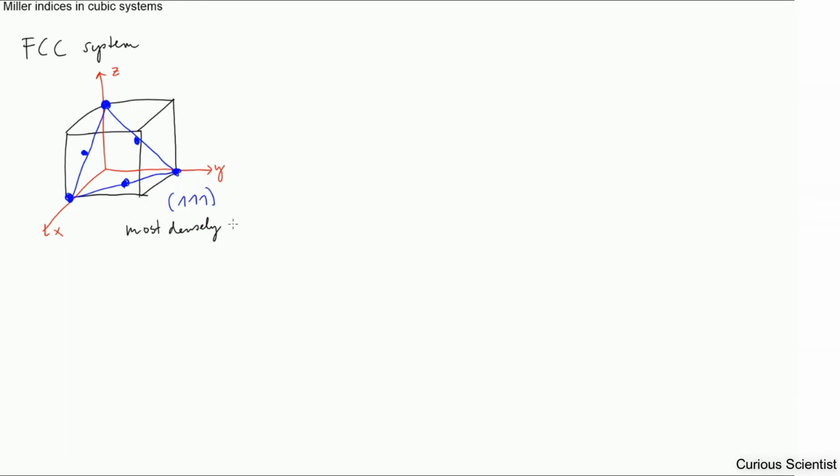Maybe I did not write this correctly, but I don't know how to write it. Most densely packed slip plane. So this is very interesting for us, the 1-1-1.